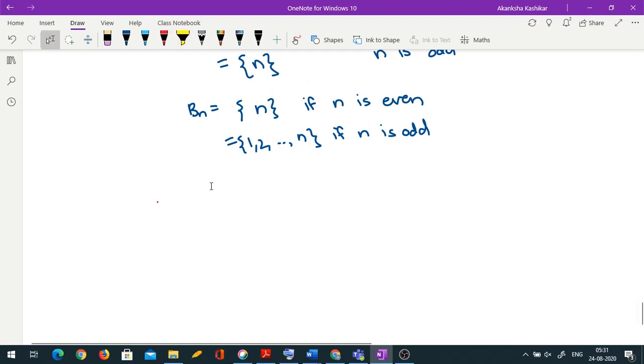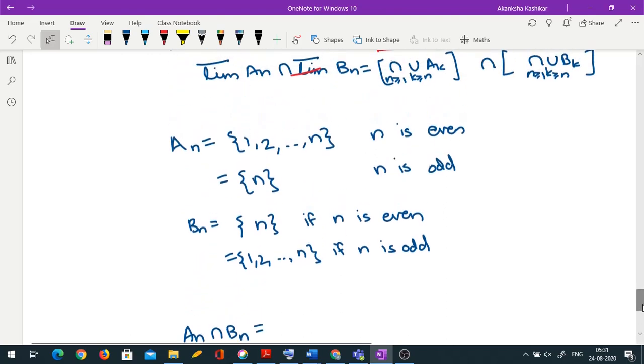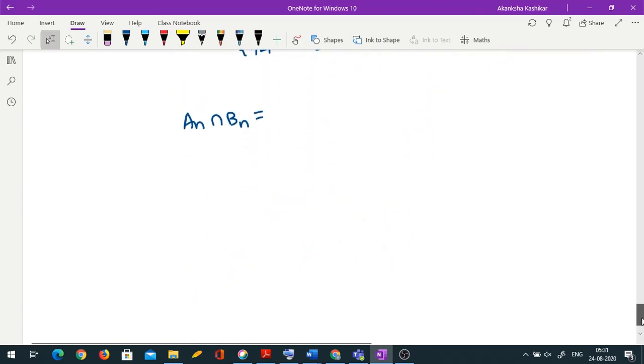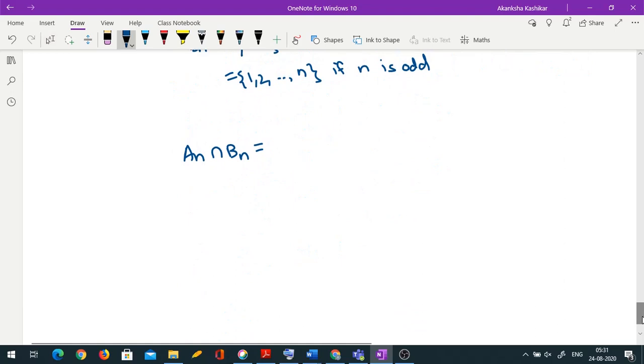Now first, An intersection Bn. So when n is odd, I am getting An equal to n and Bn equal to 1 to up to n. So the intersection is just singleton n, and in fact it is the same even when n is even.